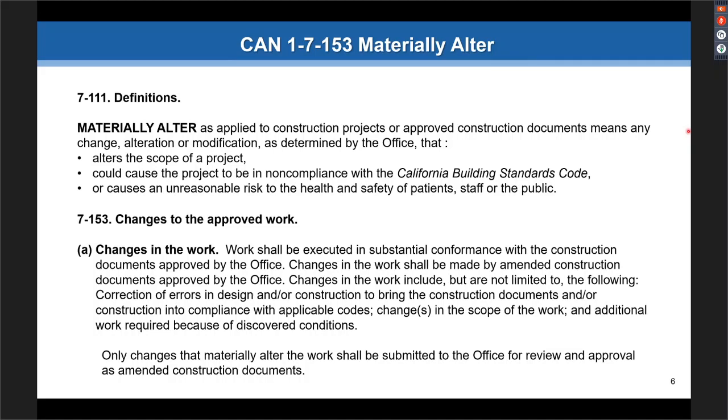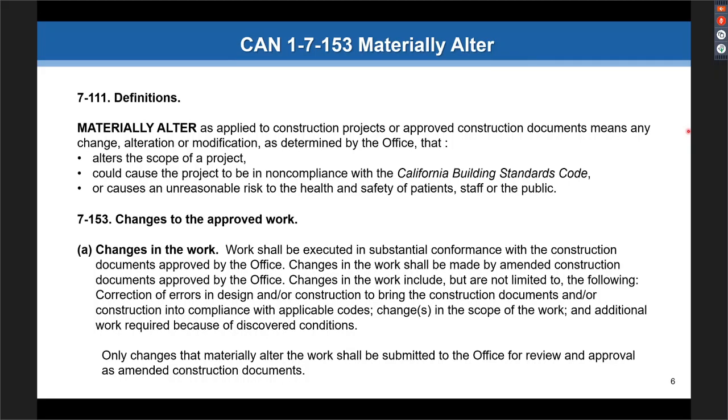Changes to the work shall be made by amended construction documents approved by the office. Changes in the work include, but are not limited to the following: corrections of errors in design and or construction to bring the construction documents or construction into compliance with applicable codes. Changes in the scope of work and additional work required because of discovered conditions.